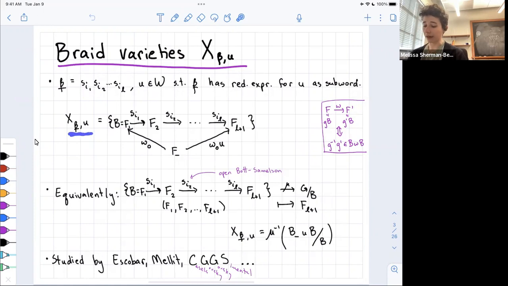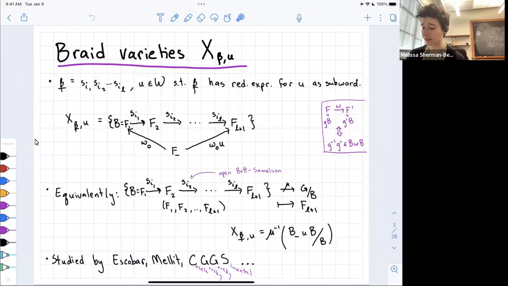Points in here, I like to think of them as walks in my flag variety. So a point in X beta underline U is a walk in the flag variety, which starts at B, so starts at the standard flag. And then I'm going to take steps dictated by the letters of beta underline. So my first step is in direction S_i1.